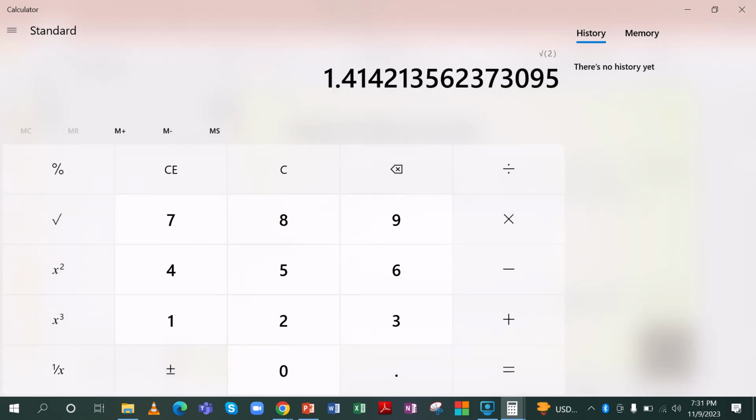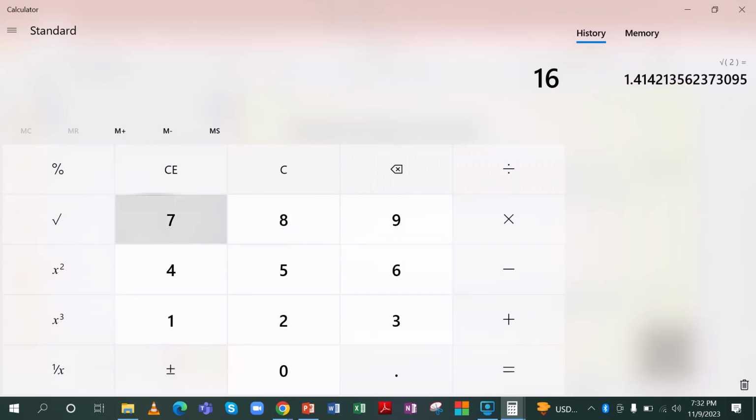This is not a perfect square. But if you have a figure like, for instance, 16, find the square root, this 4 is a perfect square. So Surds are those which give a non-perfect square. Those are what we call Surds.